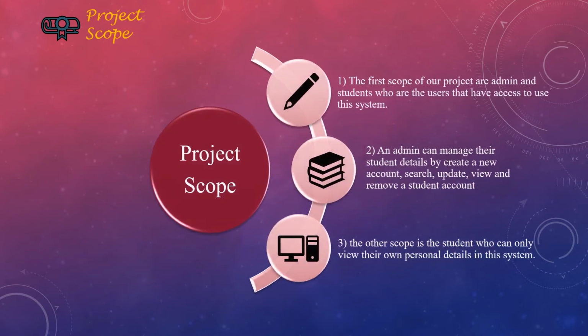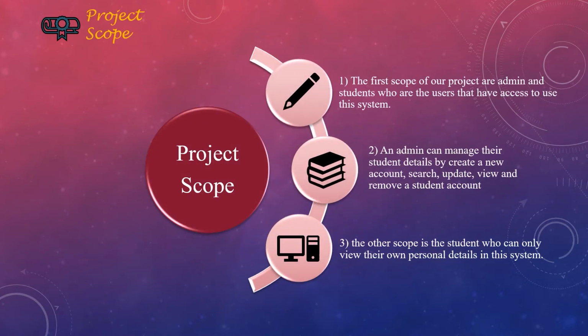So after that, we will proceed with our project scope for our student management system. The scope of our project is admin and students, who are the users that have access to use this system.